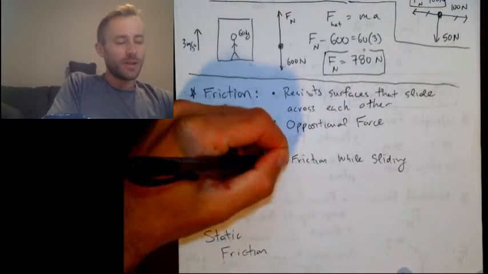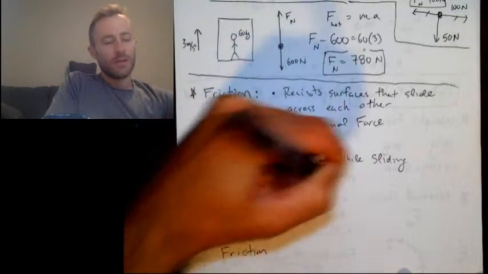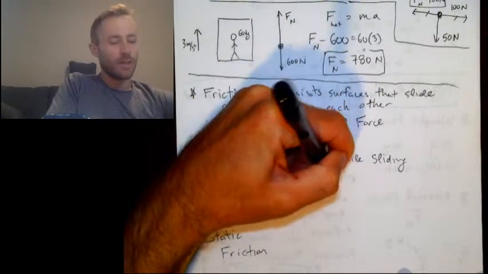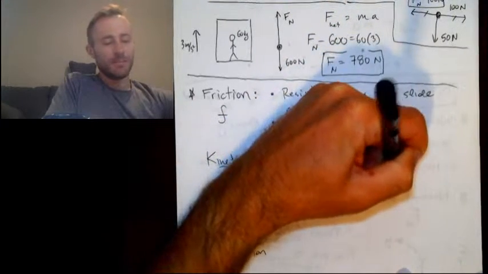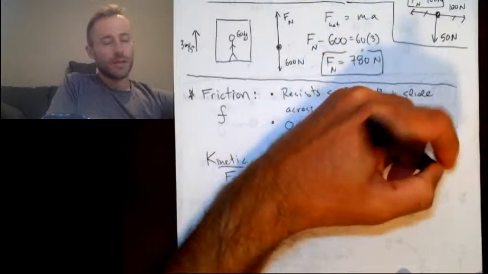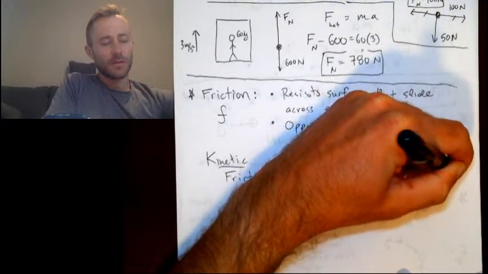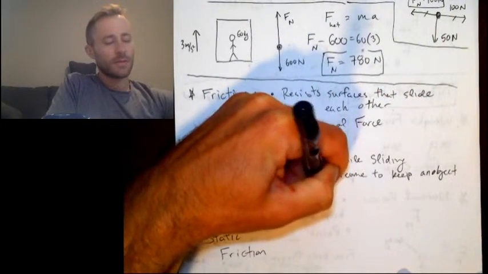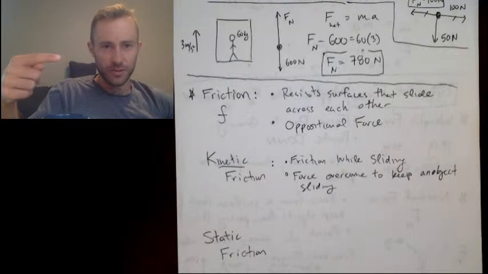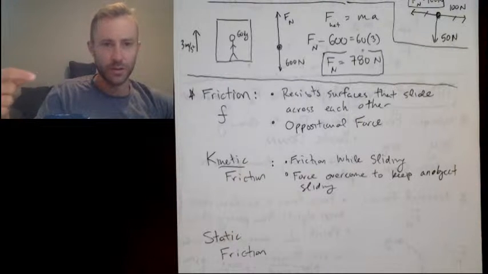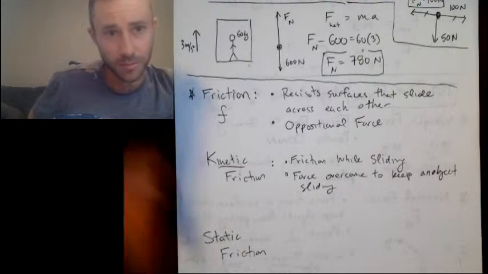We could think about kinetic friction as the force that must be overcome to keep an object sliding. You have to continually apply at least the kinetic friction force. So you have to at least overcome kinetic friction in order to keep an object moving.